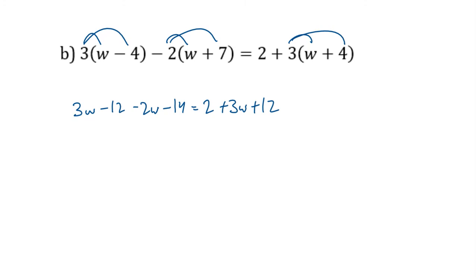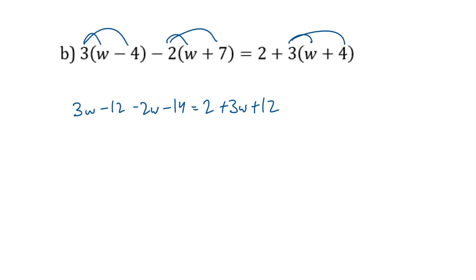Done? Nice. So there's all kinds of different ways that I could continue here. I could add 26 on the left, and then I would have to add 26 on the right, because I can see that negative 12 and negative 14 is going to be negative 26, if I wanted to kind of speed up the process.